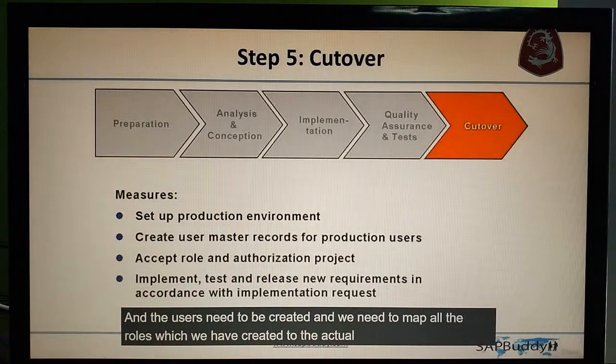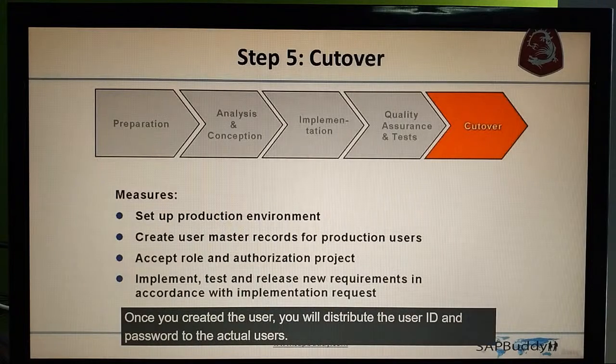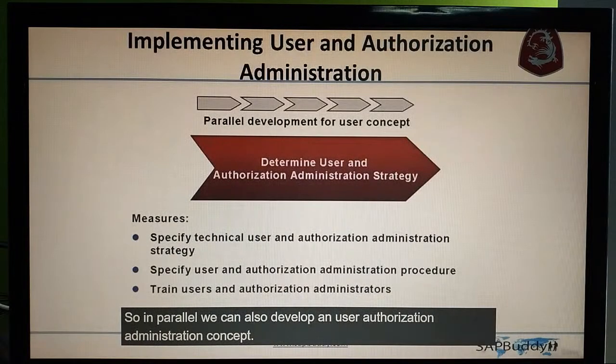And the users need to be created, and we need to map all the roles which we have created to the actual users, and we will start creating the users. Once you have created the users, you will distribute the user ID and password to the actual users. So in parallel, we can also develop a user authorization administration concept.